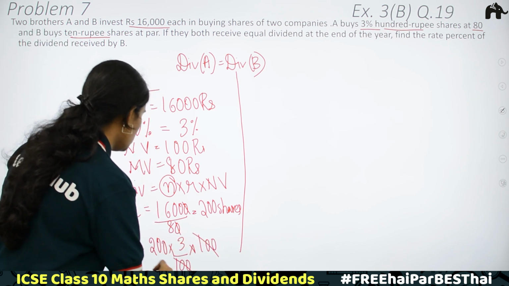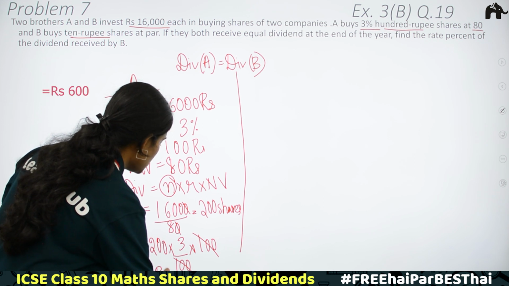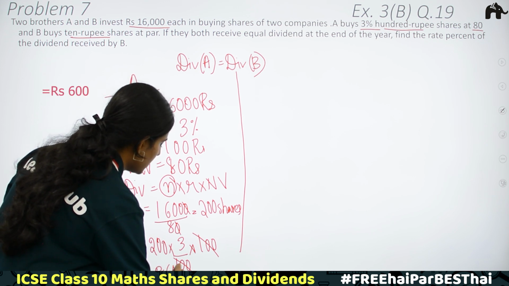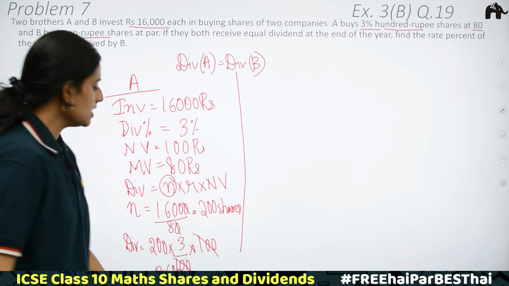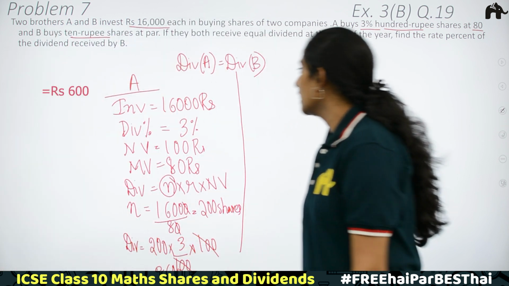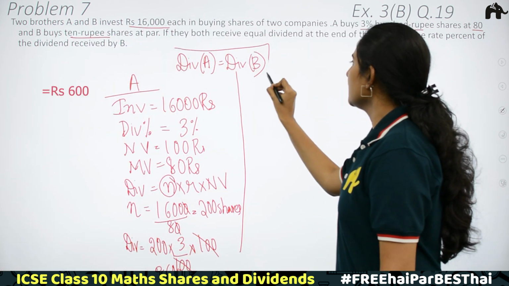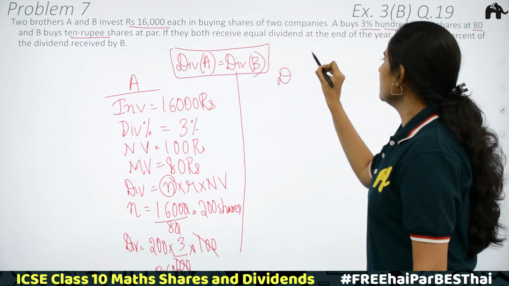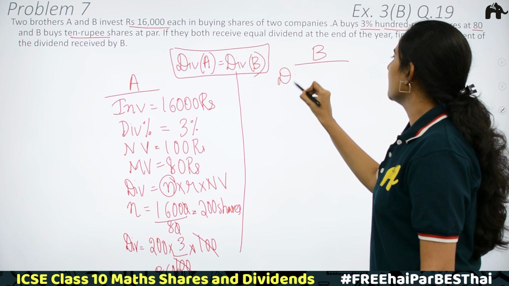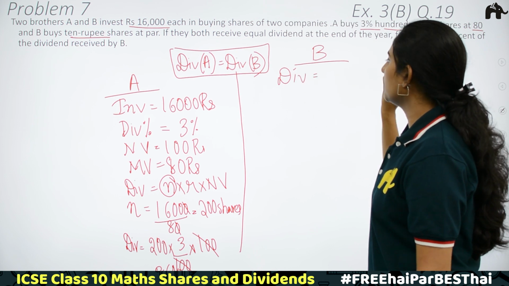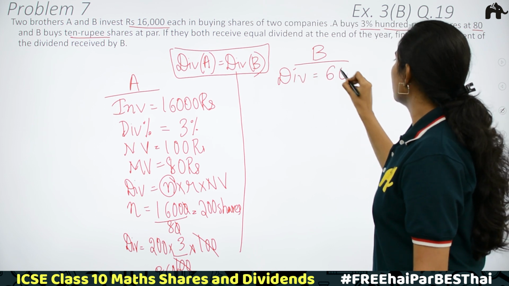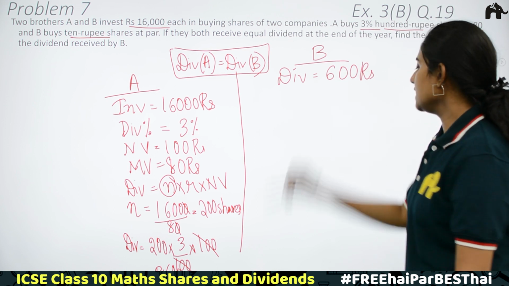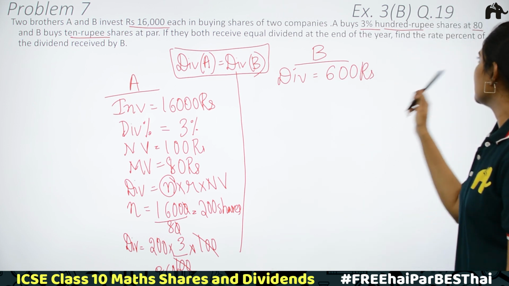Cancelling this, you will be getting rupees 600. Now this is the dividend of A. We have dividend of A is equal to dividend of B. Yes. Then in the case of B, we got the dividend is equal to 600. Rupees 600.